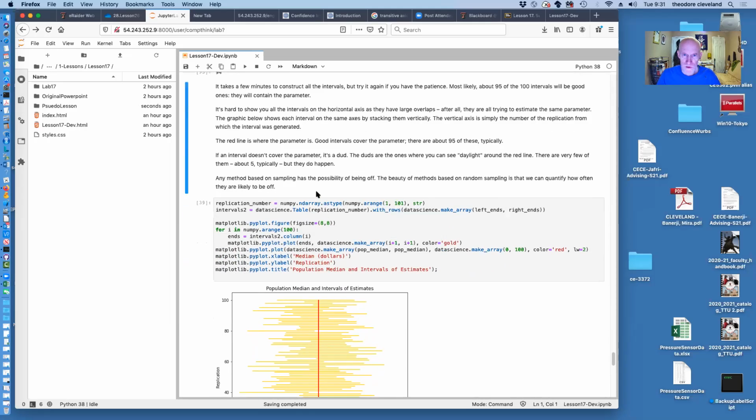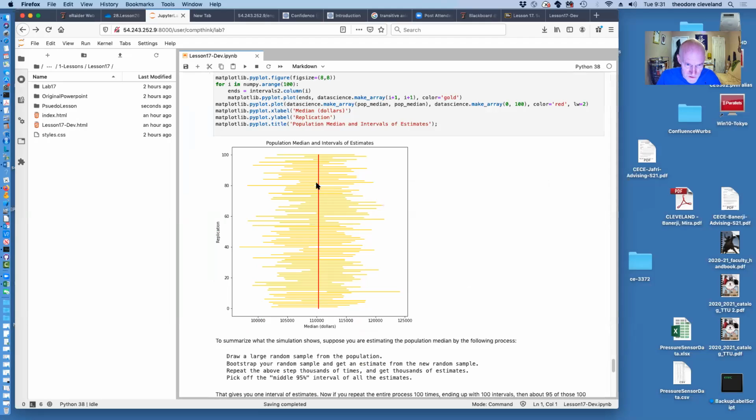Good intervals will cover the population value, and ones that don't cover will leave open spots. For example, where the cursor is right there, that interval does not contain the population value. This interval does not contain the population value. That one does not contain the population value.